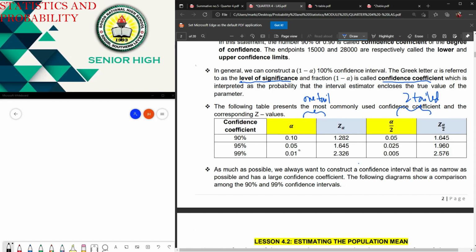You look for z sub alpha, and remember that the formula is z sub alpha over 2, so that's why we are using this one. We are not using 1.28 because that is not two-tailed. We are using two-tailed, so that's why it is 1.645.